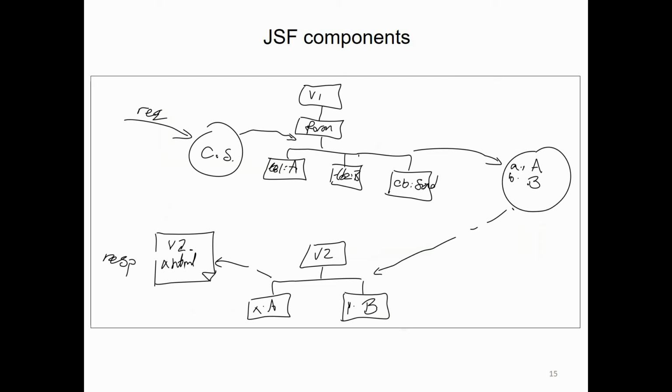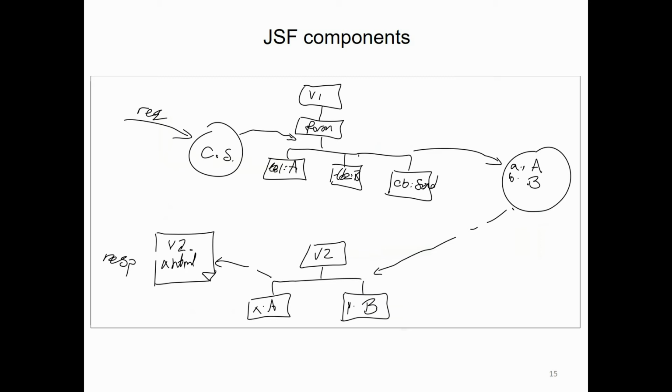Now, if this has got form data on it, then that view will contain a form. Let's say it's got 2 text boxes and a submit button. That means this form has got 3 components: TB1, TB2, and a command button. The values that are provided by the client will then be entered into these components in the component tree.